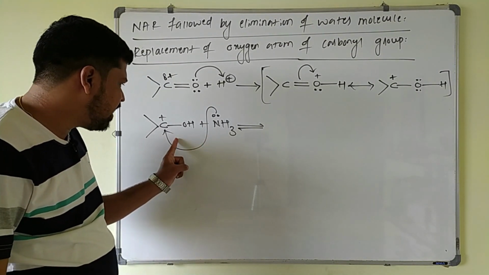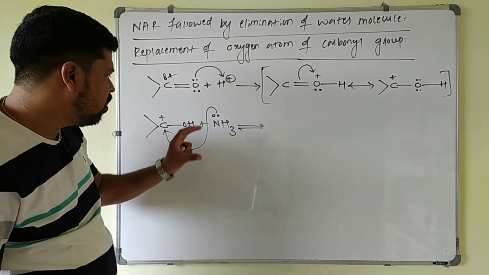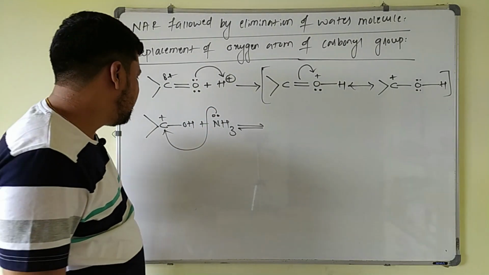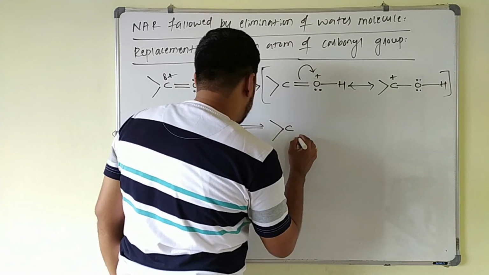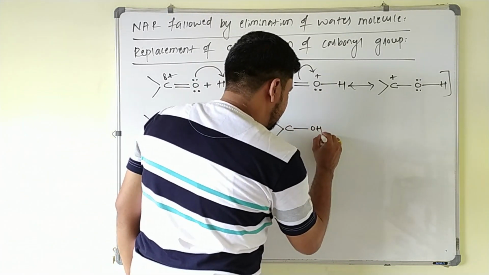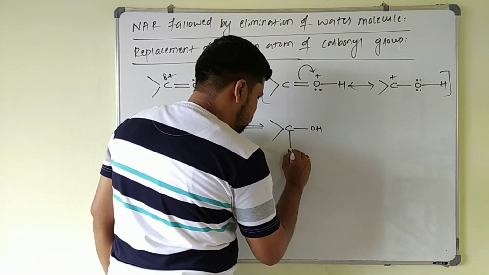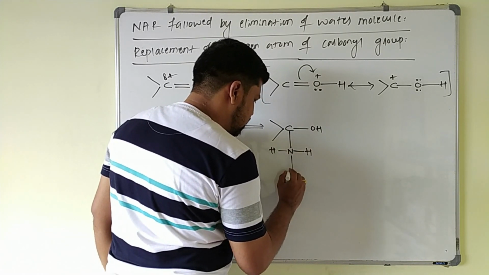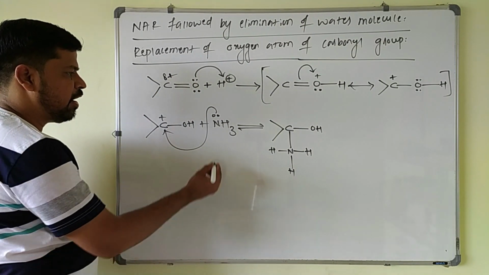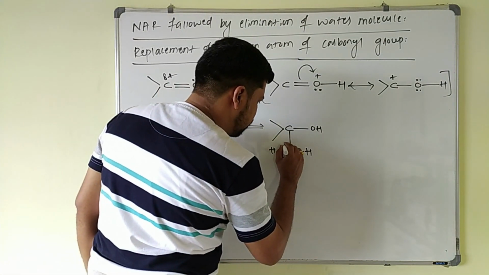Once this ammonia is added, there is elimination of water molecule to form a carbon nitrogen double bond compound here. So this is carbon and this OH is as it is. Now this nitrogen, hydrogen, so this also hydrogen and this also hydrogen here. Whenever nitrogen forms a fourth bond, it gets positive charge.